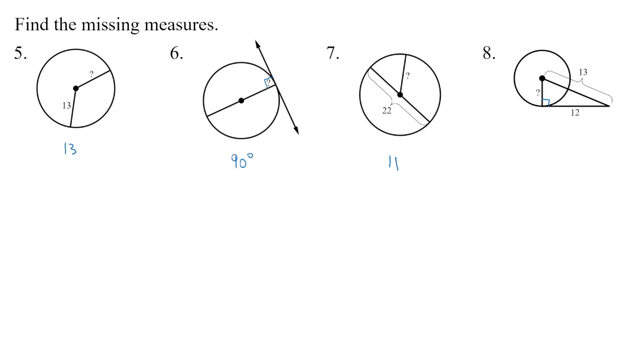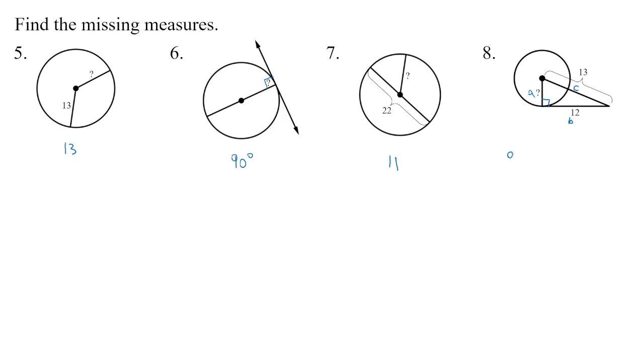You're given 2 sides of the right triangle. You're asking for the third one. Therefore, you will apply the Pythagorean theorem, meaning that this side is the hypotenuse and the other 2 sides are legs.